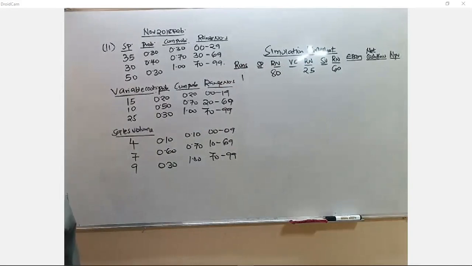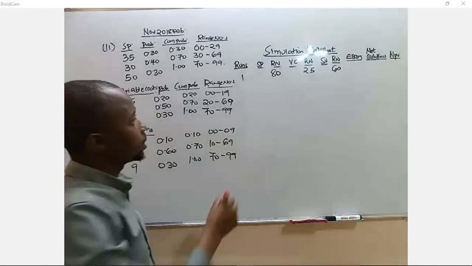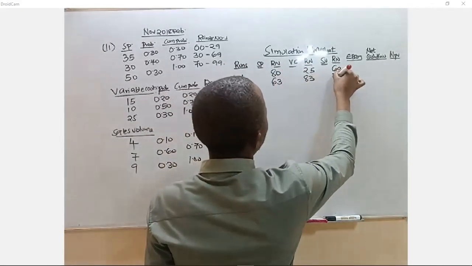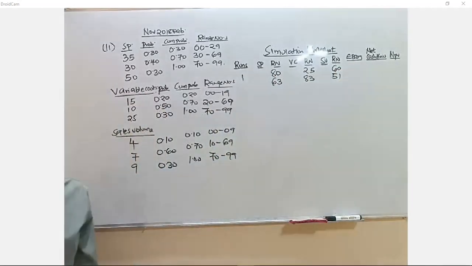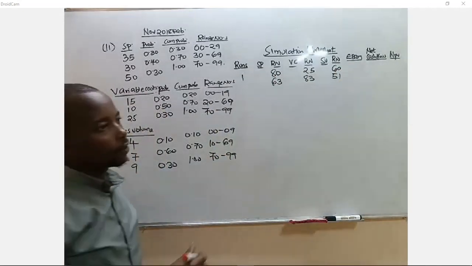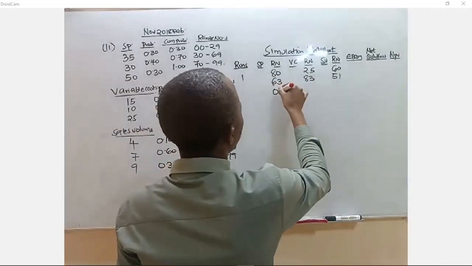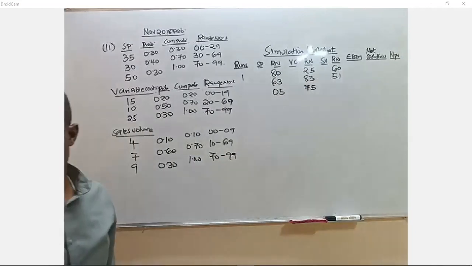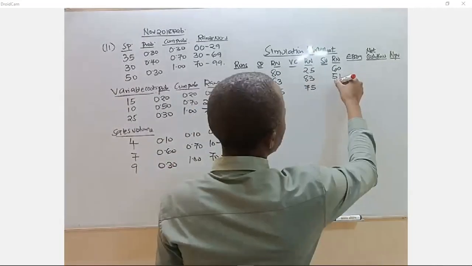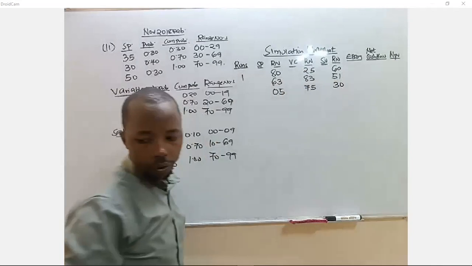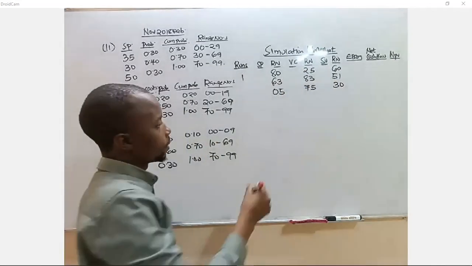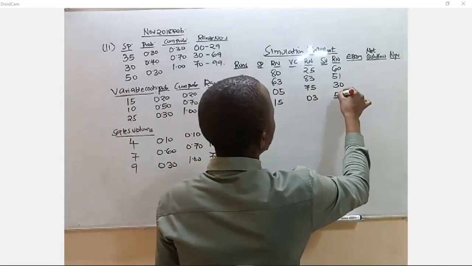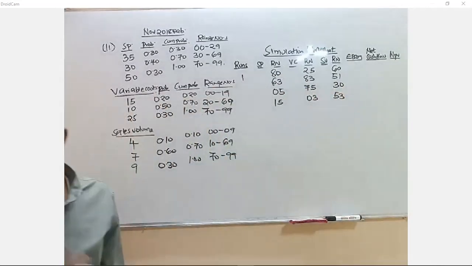80, 25, 60, good. 63, 83, 51, right? Then 05, 75, 30. Then the other one will be 15, 03, 53.